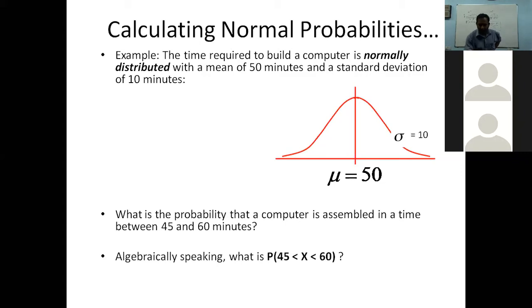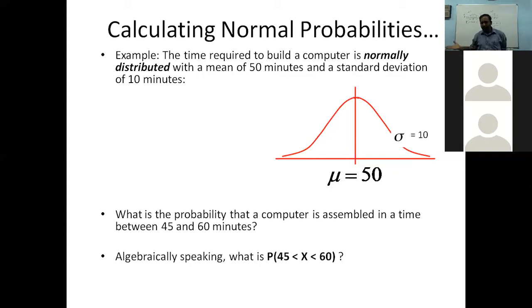So you have less than 50 minutes, you have greater than 50 minutes. The average time taken to build a computer is 50 minutes. And the standard deviation is 10 minutes. On average, it is deviating 10 minutes. What do you mean by deviating?